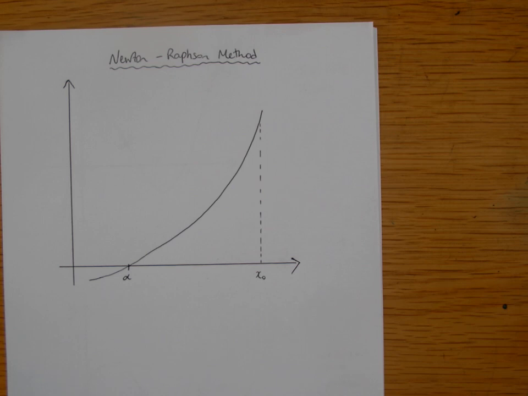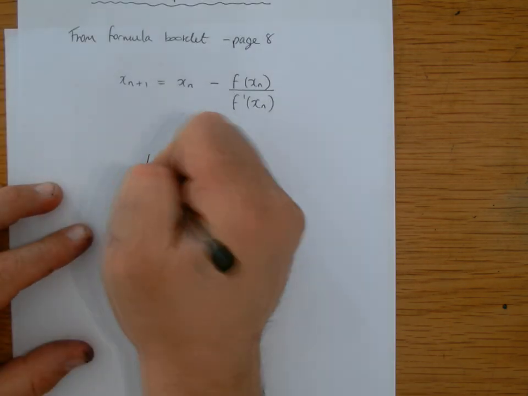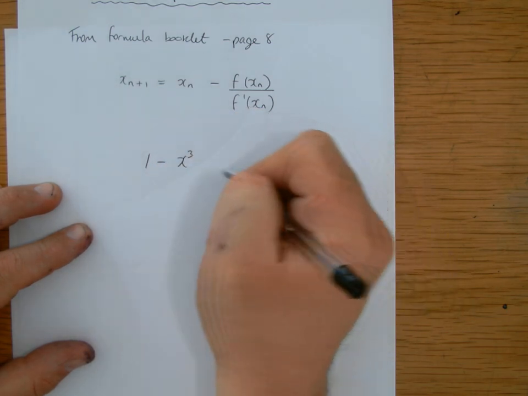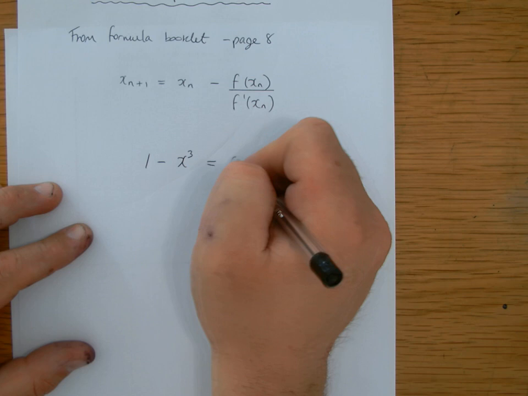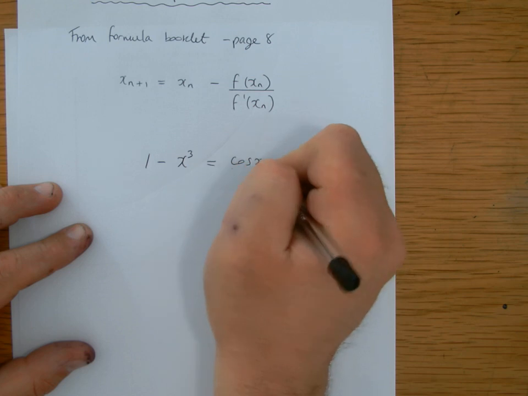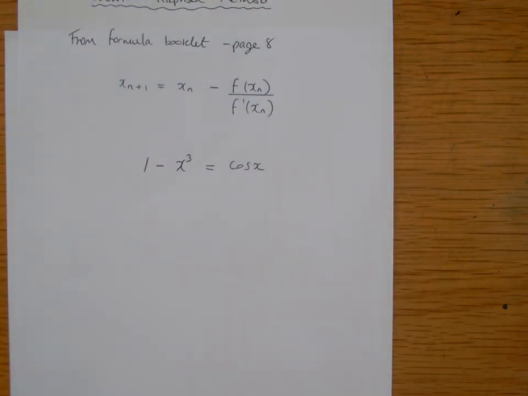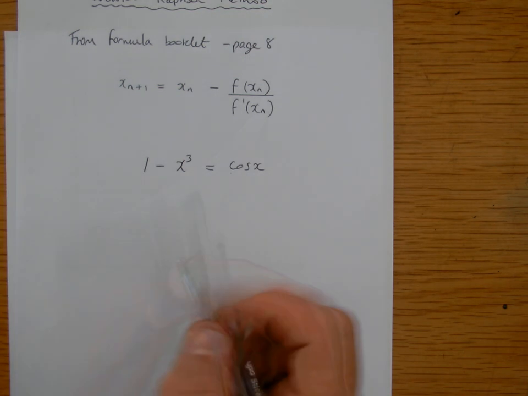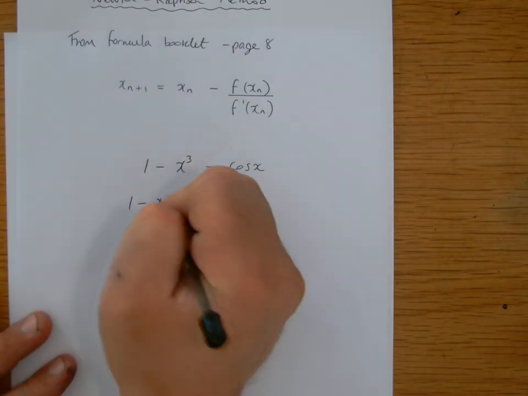Just remember, of course, with Newton-Raphson, suppose you've got a curve there and it equals cos x, for instance, and you want to find a root. So you could use Newton-Raphson. To find a root, what you need to do is get everything on to one side, so you would set it to equal 0.